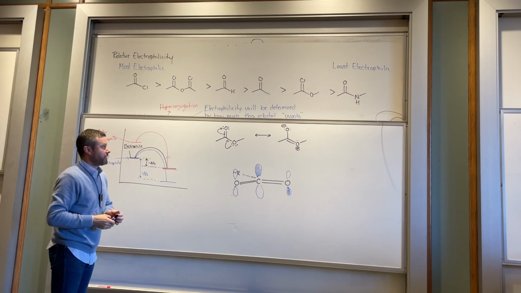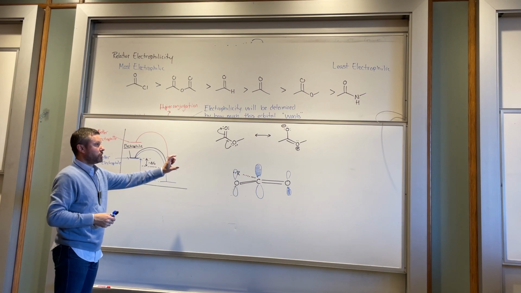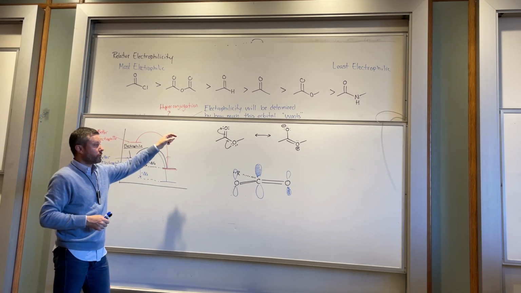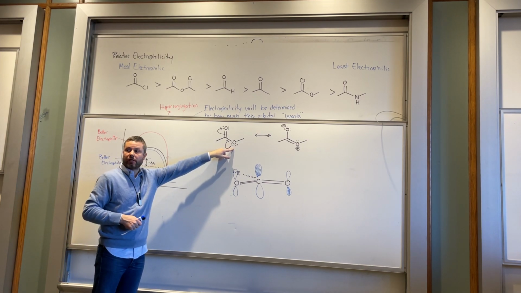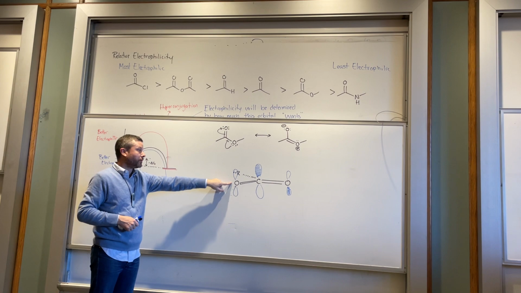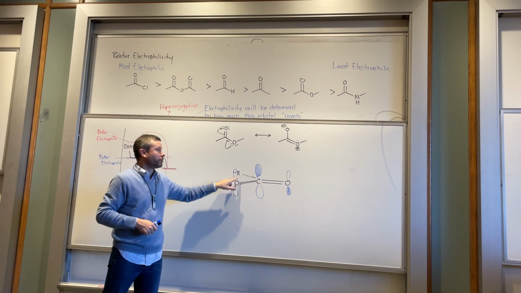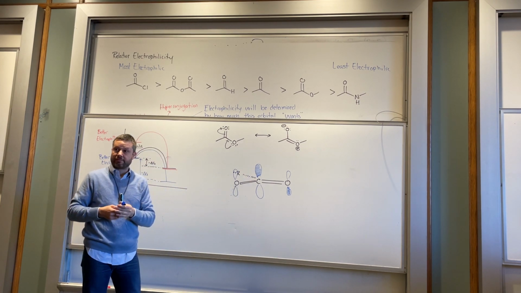The way that the orbitals have to line up in order for that resonance to take place is that one of the electron pairs on oxygen has to be in a p orbital. And once it's in a p orbital, it's going to be conjugated with the pi system.